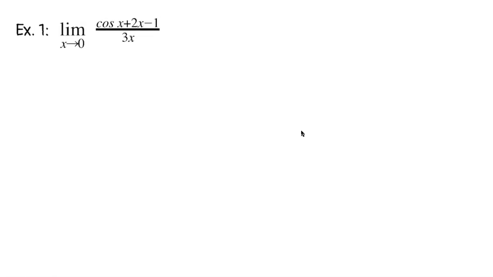So the first thing I do with any limit question is I take the value they give me for x and plug it into the equation and see what happens, because I don't want to do more work than I have to. So I get cosine of 0 plus 2 times 0 minus 1 over 3 times 0. Well, this looks good because the denominator is going to be 0, so that's promising.